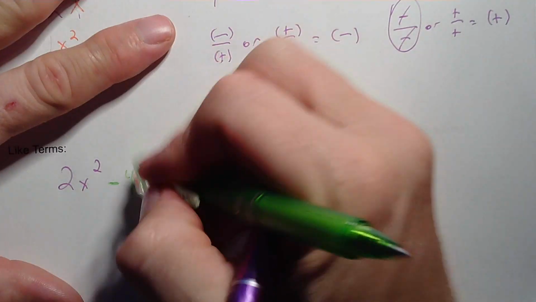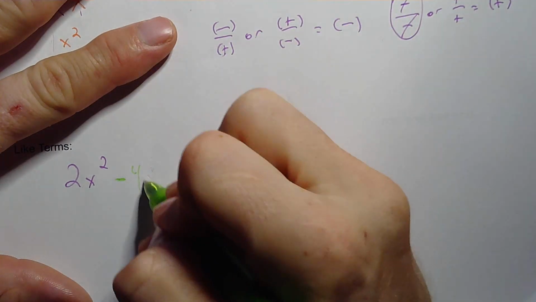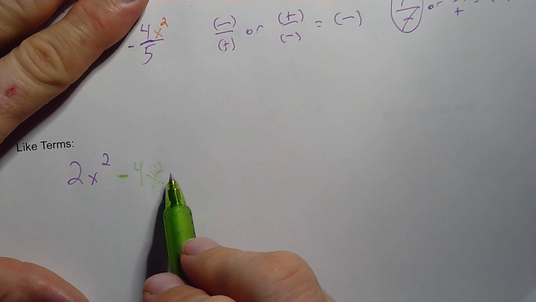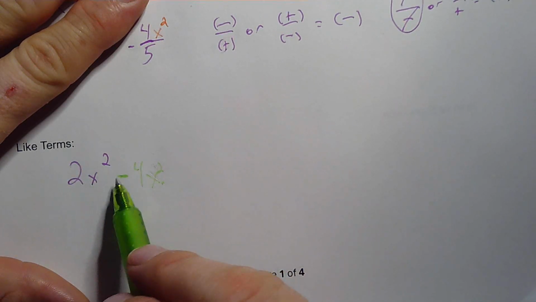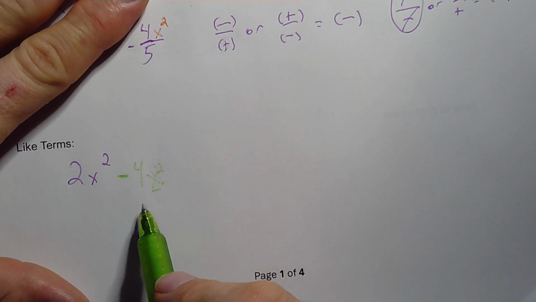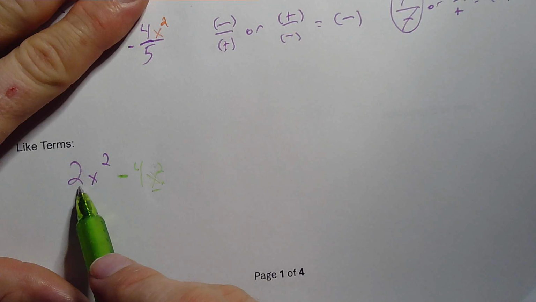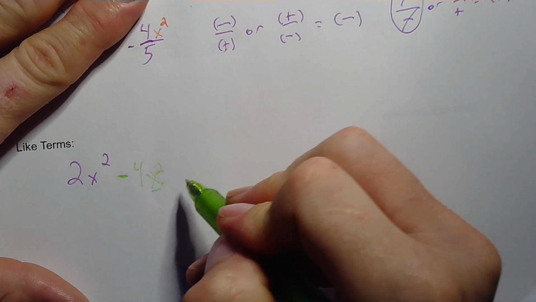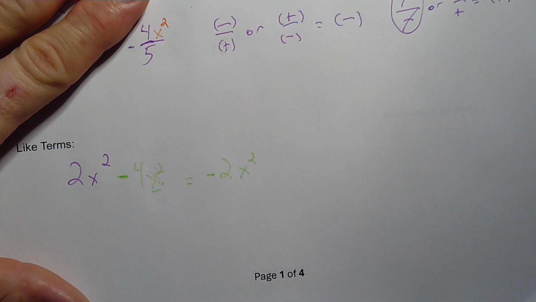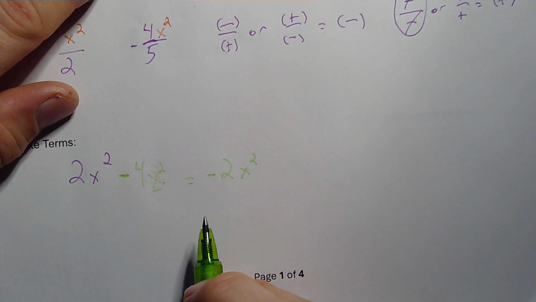But if I change this to an x squared, these are now like terms, because they're the same, x squared and x squared. So now that allows me to combine them. A 2 combined with a -4 equals -2x squared. So that's what I mean by combining like terms.